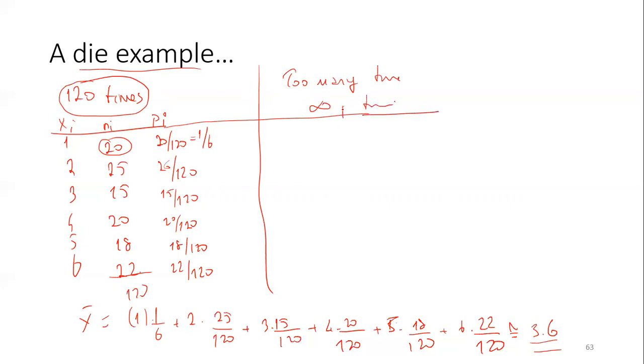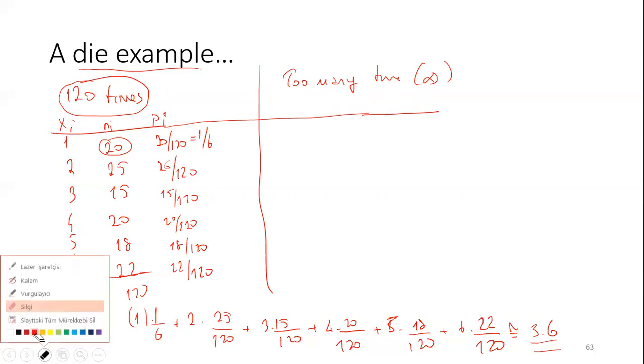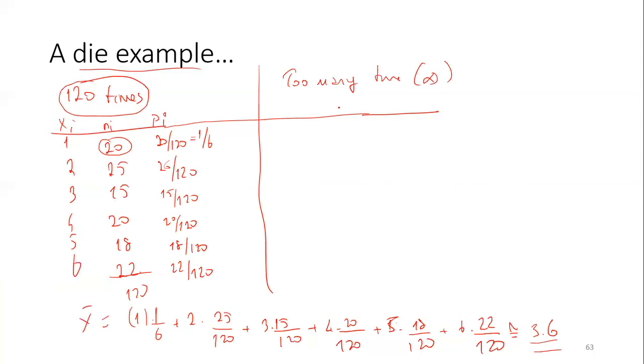Let me erase this part. Then what will be the pi? Well, pi, when you do it infinitely many times, will be equal to 1 over 6, right? So this will be equal to 1 over 6, 1 over 6, 1 over 6, and 1 over 6.